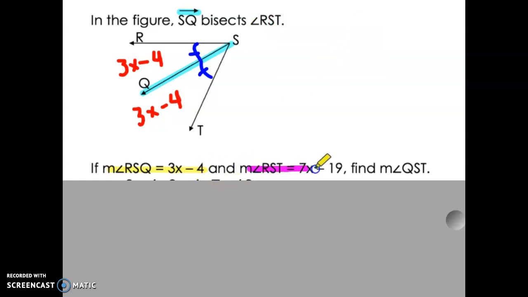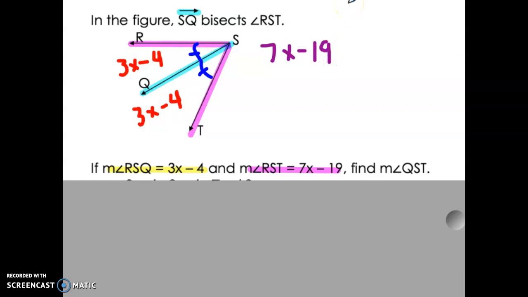The measure of angle RST is 7x minus 19. So RST is the entire angle. So that whole angle, its measure, is equal to 7x minus 19.